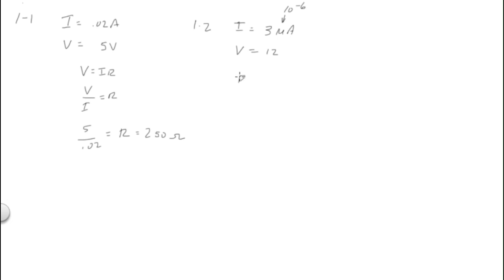So again, R is equal to V over I, or 12 over 3 times 10 to the minus 6th. 12 divided by 3 is 4 times 10 to the 6th, or 4 mega ohms. Mega is 10 to the 6th. Okay, so let's do the next one.